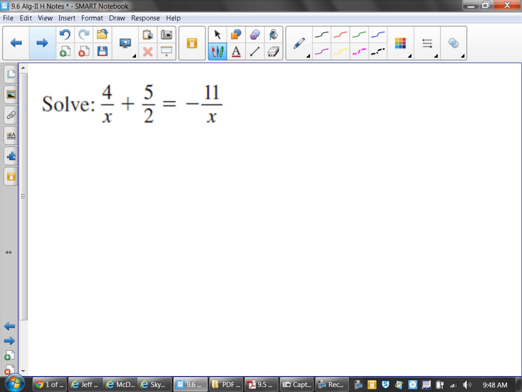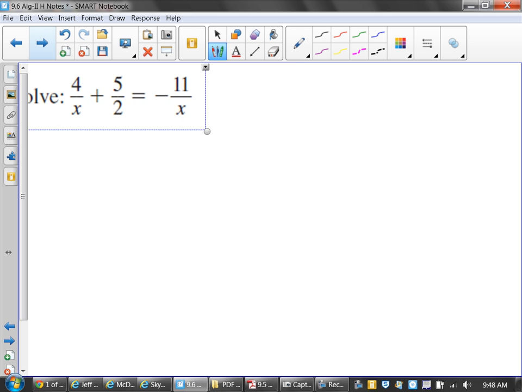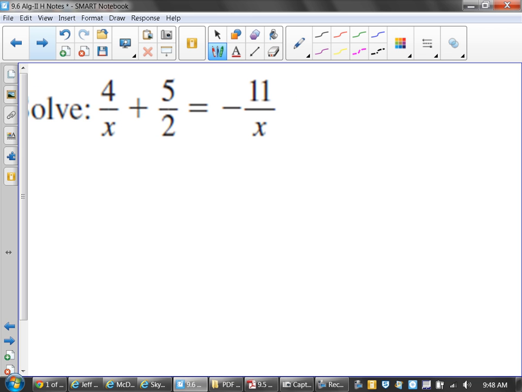Now let's get funky. One thing that this book tends to do, and I don't know why, a lot of times the negative symbols they put directly in front of a fraction bar. I like to always put it in front of the numerator.